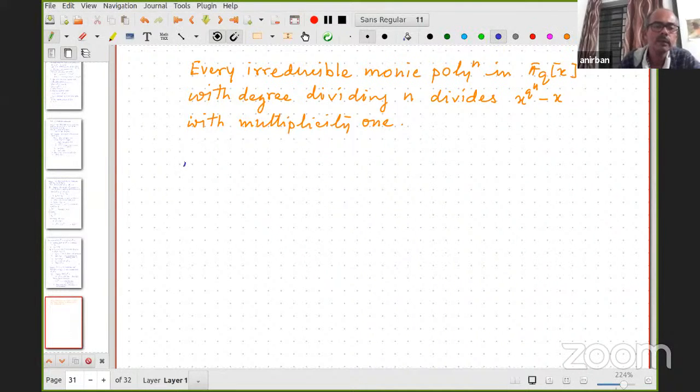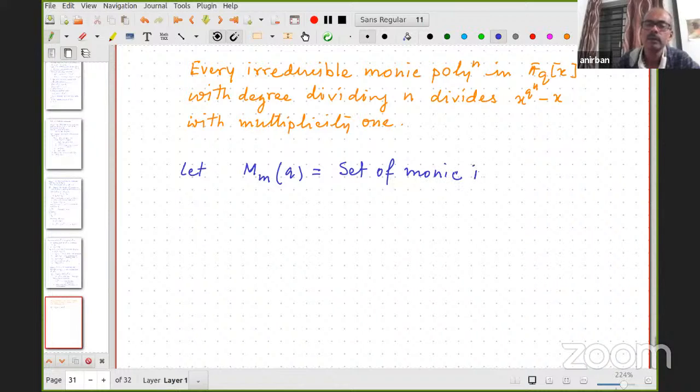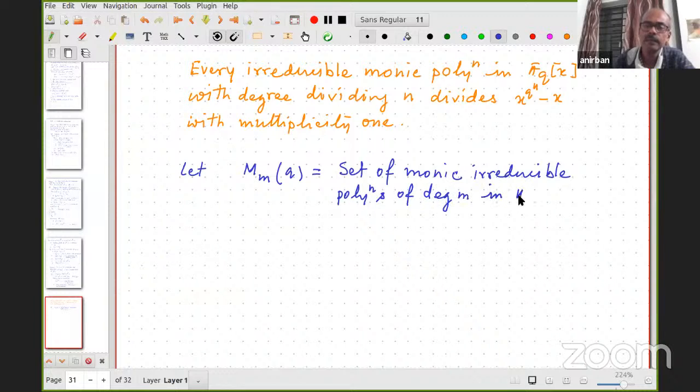Let M_m(q) be the set of all monic irreducible polynomials of degree m in F_q[x].